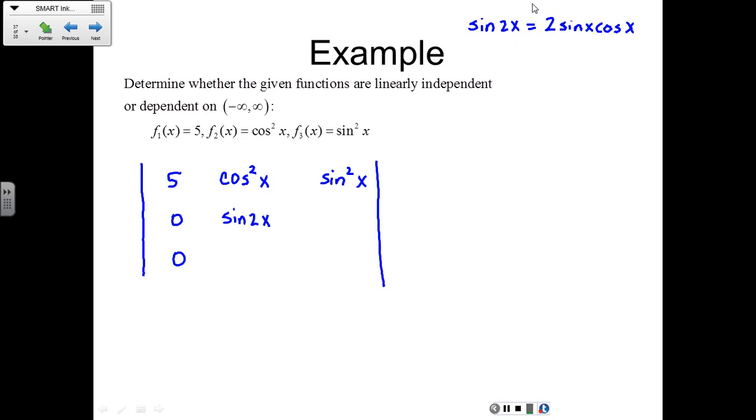What would the derivative of sine 2x be? It would be cosine of 2x times 2, right? No, this one you wouldn't have a negative sign, right? 2 out front.